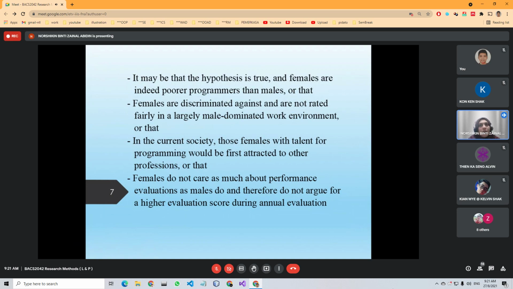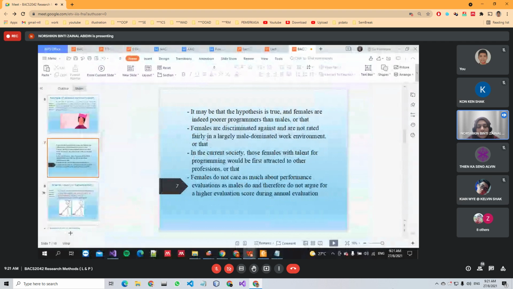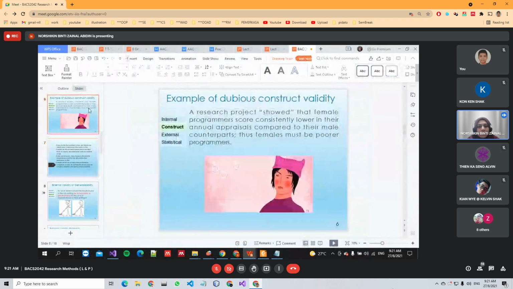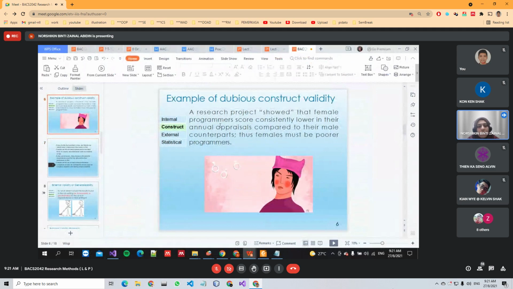It is true that we are performing poor in programming, or that female are discriminated against and are not rated fairly in a largely male dominated work environment. The second point here can be a reason too. This one can lead to this statement that the female programmer have lower performance.